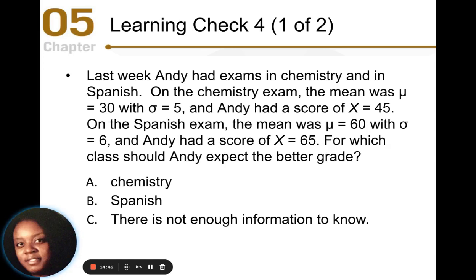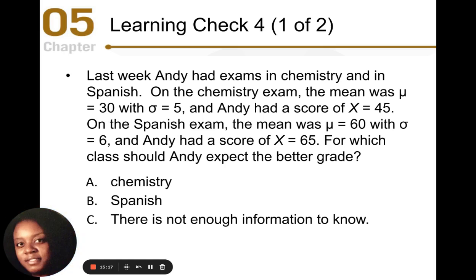So for learning check 4, last week Andy had exams in chemistry and Spanish. On the chemistry exam, the mean was 30 with a standard deviation of 5, and Andy had a score of 45. On the Spanish exam, the mean was 60 with a standard deviation of 6, and Andy had a score of 65. For which class should Andy expect the better grade?